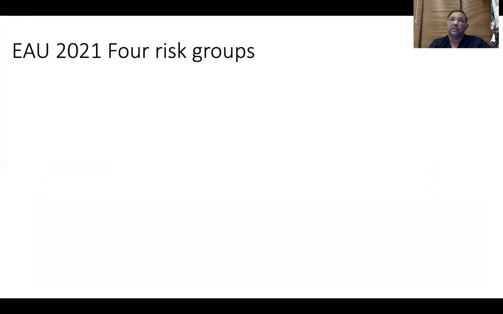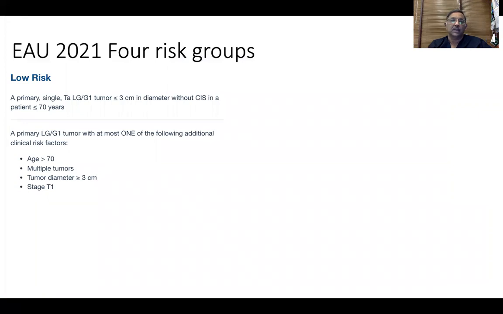So again, the recommendations. In essence, the EAU 2021 4 risk groups are: low risk, and these are primary single TA, low grade, less than 3 centimeters in patients without CIS, who are under 70 years of age.